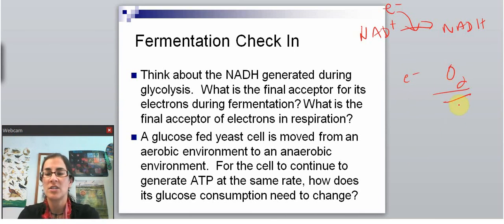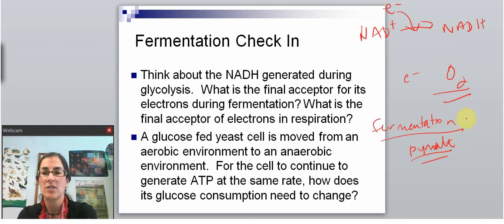So oxygen is the final electron acceptor at the bottom of oxidative phosphorylation. In fermentation, the whole problem is that there is no oxygen to accept that electron. So instead, pyruvate becomes the final electron acceptor. So pyruvate has to take those electrons so that NADH can go back to being NAD+. So the electrons are going to leave and go to pyruvate.